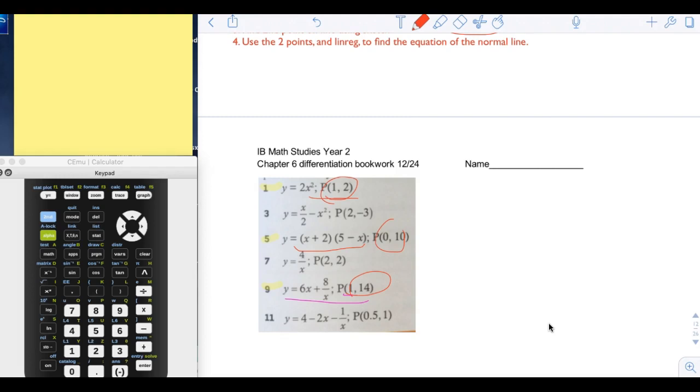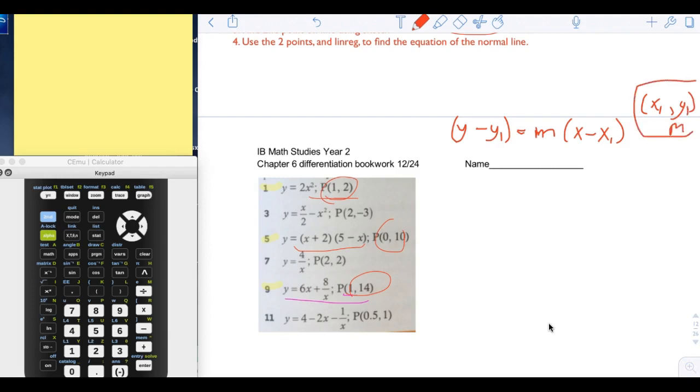Now, if you do memorize the format, it makes the process of making the normal line equation easy. So here is the format that you would need to memorize. y minus y1 equals the slope m times x minus x1, where x1, y1 is a point that you want the line to go through, and m is the slope of the line.